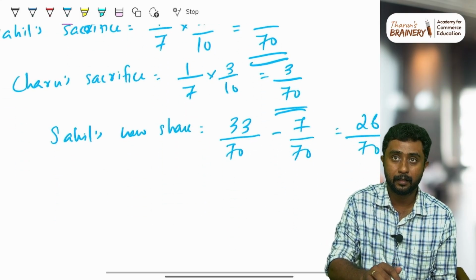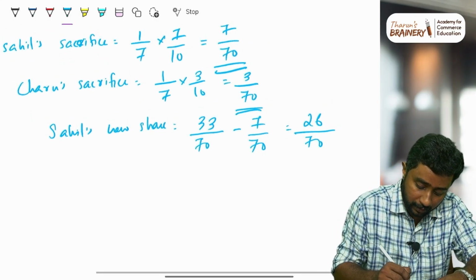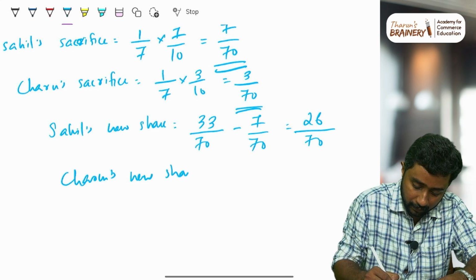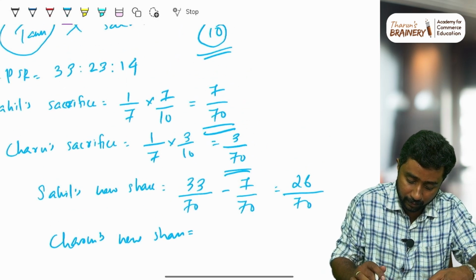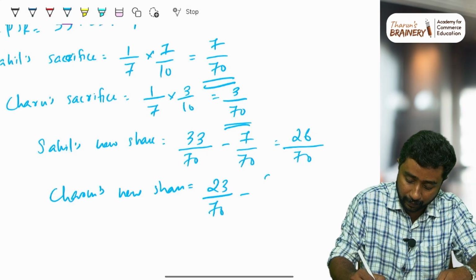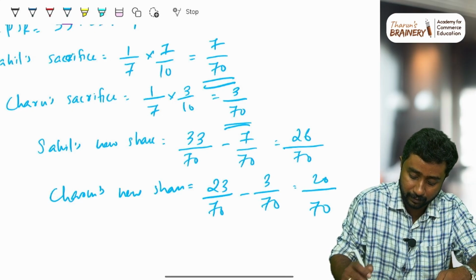Similarly, Charu's new share. Charu's old share according to the ratio is 23 by 70. He is sacrificing 3 by 70. That will give you 20 by 70.